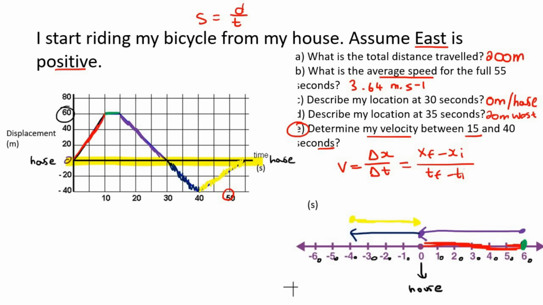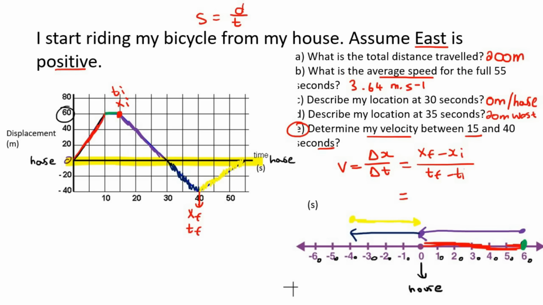Now, we obviously know that east is positive. So between 15 and 40 seconds, at 15 seconds we are over there, and that's going to be our initial displacement and our initial time. And then at 40 seconds, we're here. So that's going to be our final displacement and final time.